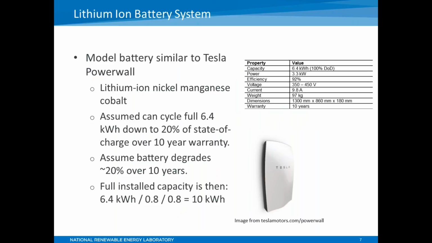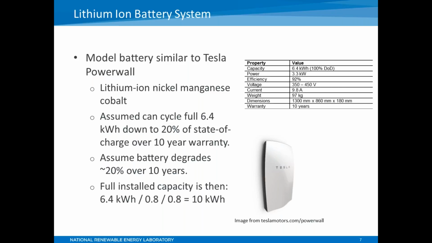The system that I want to look at would be to model a battery that is similar to the Tesla Powerwall. We're not going to model the Powerwall directly, but I think it's a good starting point since they have some publicly available specs that we can go ahead and incorporate into SAM. And so we're going to be looking at a lithium-ion nickel manganese cobalt battery. We're going to make some assumptions about the capacity of the battery.